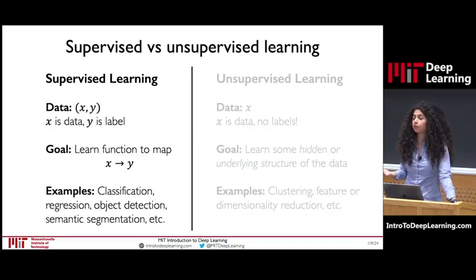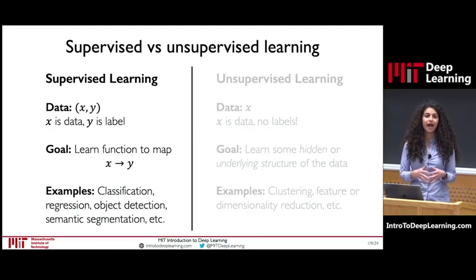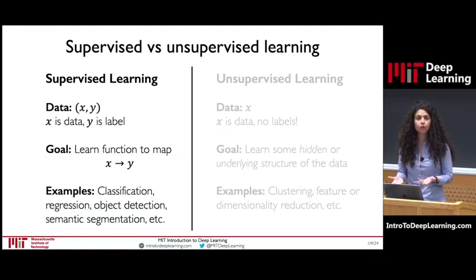They perform supervised learning, meaning that we have data in the form of instances like images or sequences, and each of those instances is associated with a label, something that we're trying to learn, a mapping between that data and that label. The goal of supervised deep learning models is to learn a neural network that maps that function. This can be used for classification, regression, segmentation, and so on.